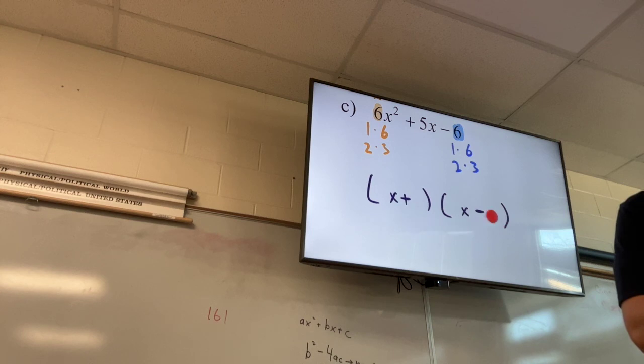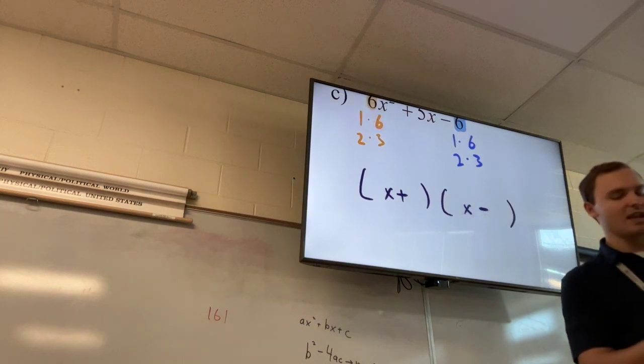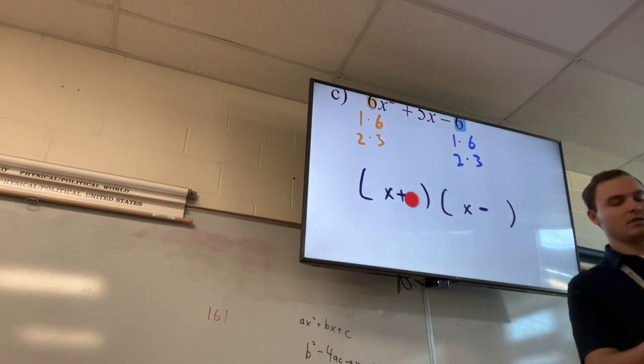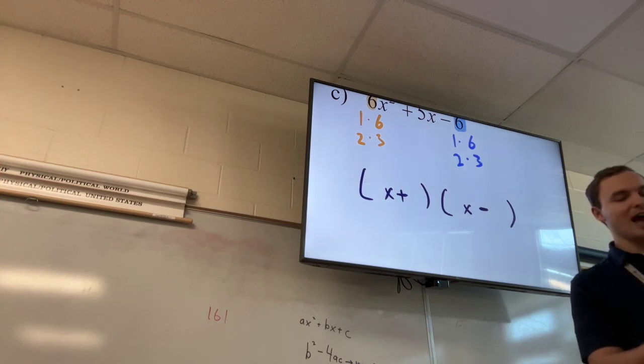When we multiply the inner numbers together, that's going to be a positive, okay? When we combine our like terms, I'm going to have to take this positive product of the inner numbers, subtract from it the negative product of the outer numbers, and that has to give me 5. So the product of the inner numbers minus the product of the outer numbers has to be 5.